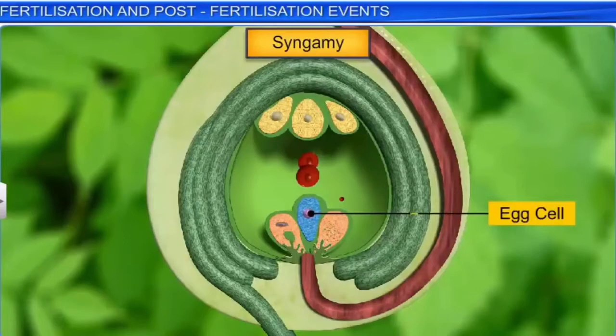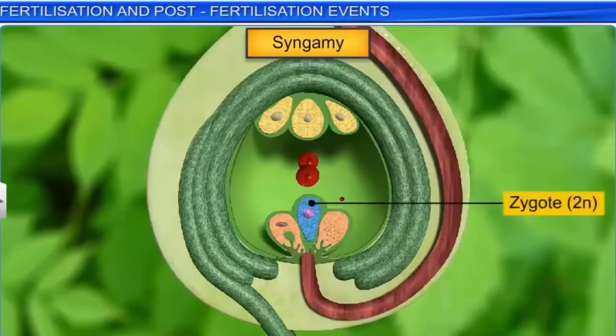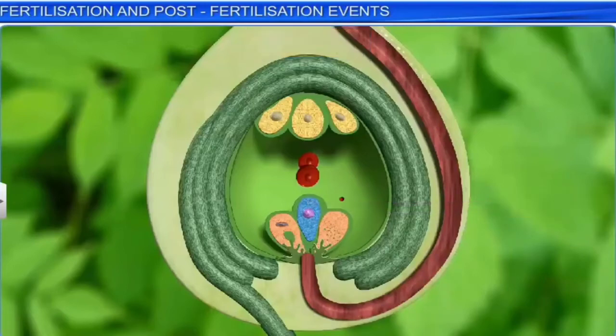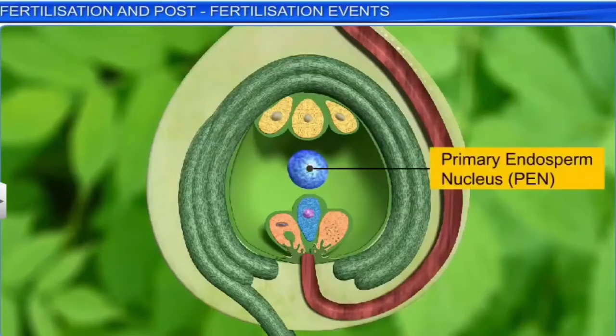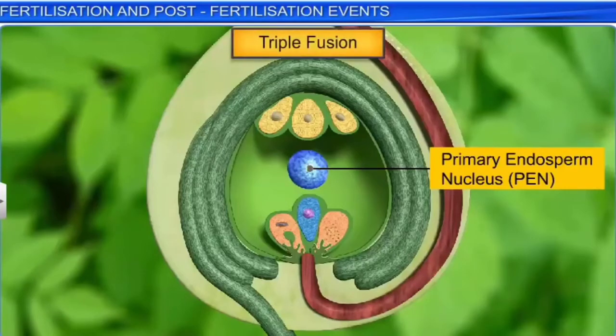This fusion, known as syngamy, or first fertilization, results in the formation of a diploid zygote. Meanwhile, the other male gamete moves towards the 2 polar nuclei and fertilizes them to produce a triploid primary endosperm nucleus, or PEN. Incidentally, this fusion is known as triple fusion, as it involves the fusion of 3 haploid nuclei.